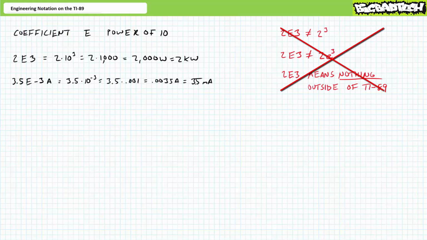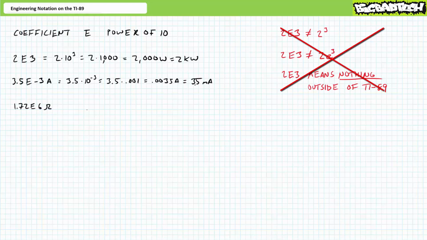We know the engineering prefix associated with 10 to the negative third, or 0.001, is milli, or small m. So if this is a measure of current in units of amps, the calculator is saying 3.5 milliamps, where 3.5 milliamps is equivalent to 0.0035 amps in the base unit. Let's say the calculator is now displaying 1.72E6. Let's pretend this is in units of ohms.